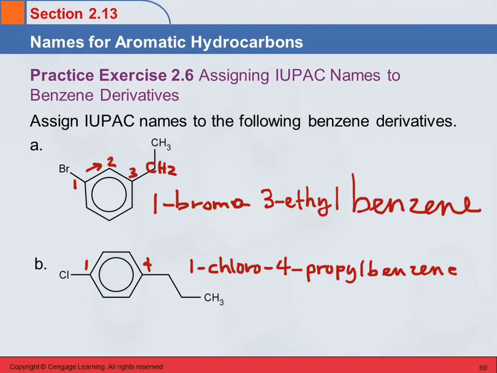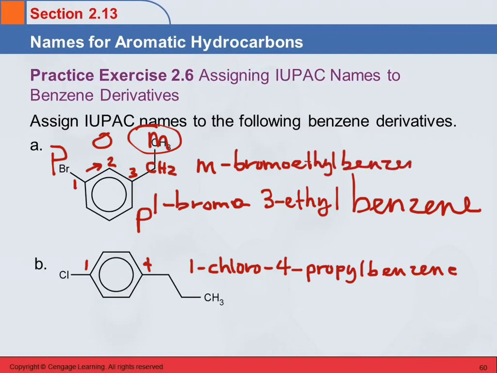If we make this the top, then P, O, M, P. So this would be the meta position. Another way we could describe this is meta-bromoethylbenzene. With meta, we don't need numbers on bromo and ethyl, because meta tells us they're separated by one carbon.